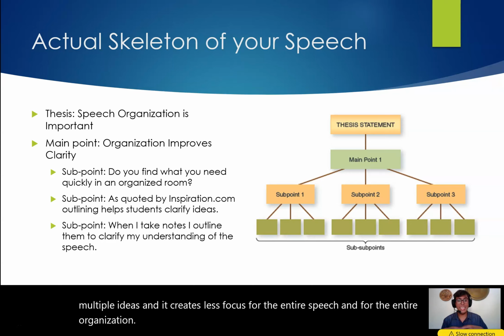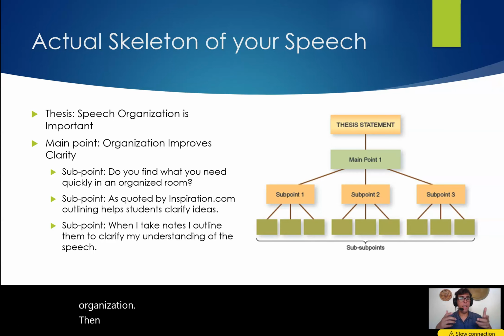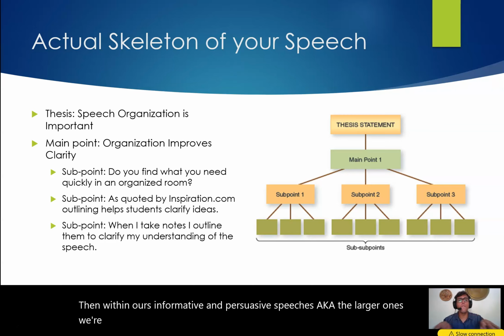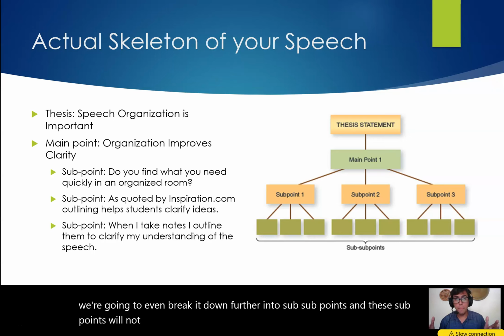Then, within our informative and persuasive speeches, aka the larger ones, we are going to break it down further into subpoints. And these subpoints will not be support as well. Instead, it's going to be another claim or another category about this.